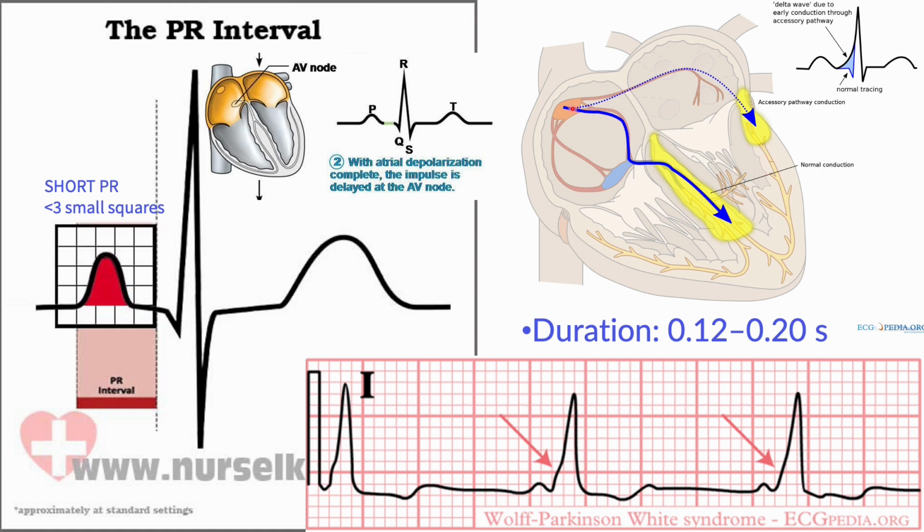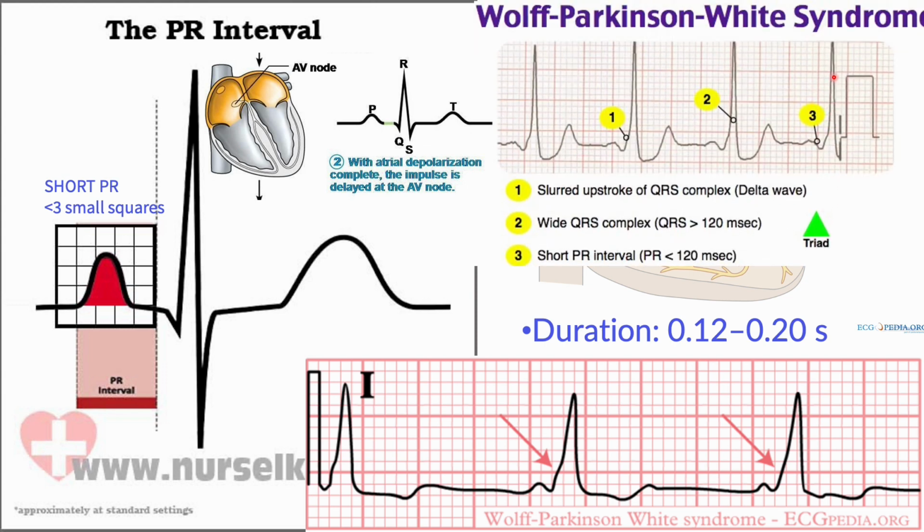You can see here that the impulse is escaping the AV node and instead going through a faster pathway, so we have a very short PR. Now, on the other hand, the PR interval could be very long, more than 1 big square, which is more than 0.2 seconds. And that means there is AV nodal delay.